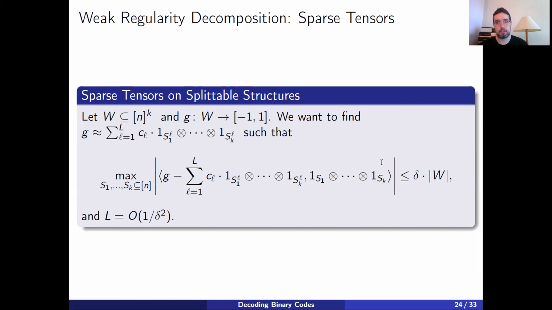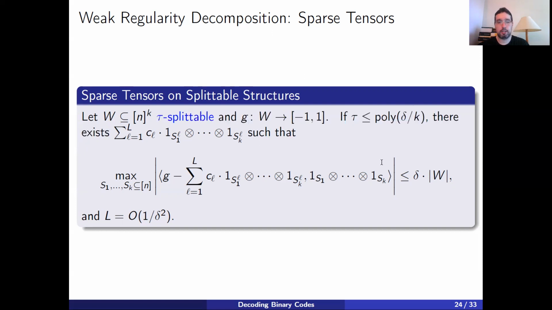That's what we need. So we are really looking for the decomposition in terms of tensors. And what we can show is that if W is a tau-splittable collection, and tau depends polynomially on delta and k, then we can find this decomposition. Okay, very good.